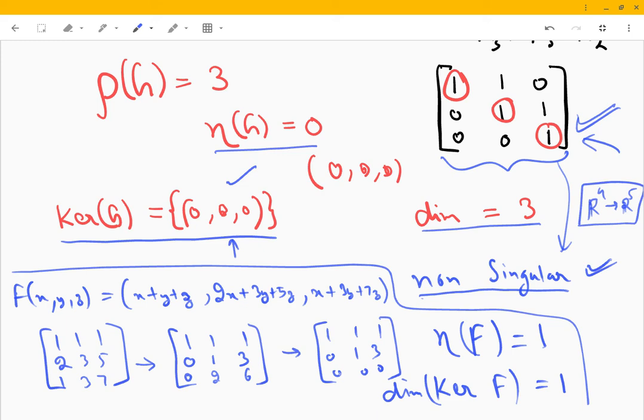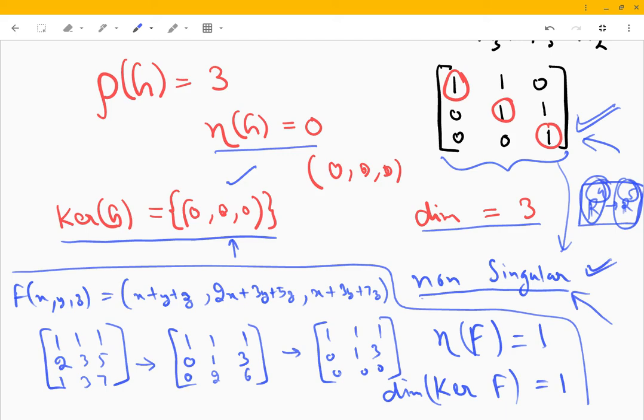Even then we cannot have an inverse transformation, because for a transformation to have an inverse, the dimension of domain and range should also be equal. This non-singular thing only implies that it is 1-1. It has to be onto also.